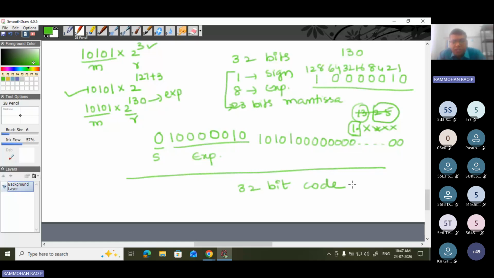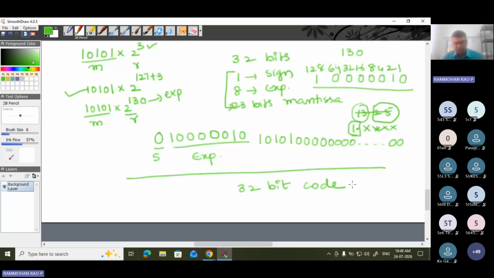So the biggest possible exponent is 2 power 127. In a 32-bit machine there is a limit for the biggest and smallest possible number which can be stored, and beyond that it cannot store. That's the reason the exponent is decided based on the underlying hardware, and whatever is balanced is for my mantissa.